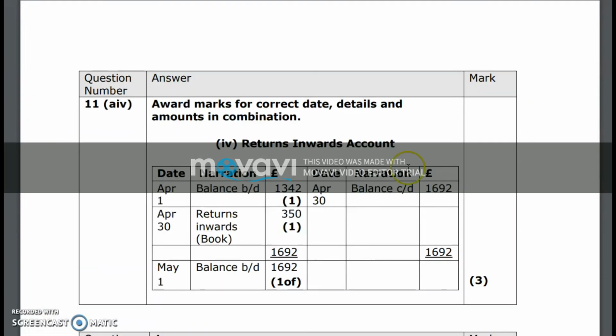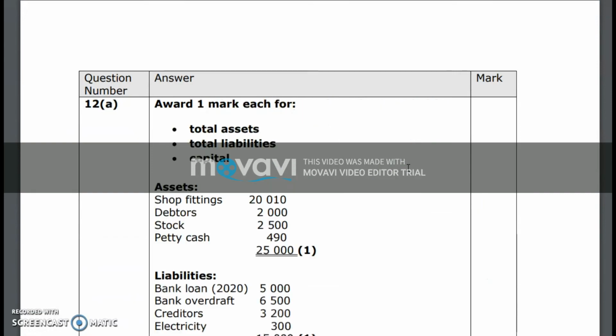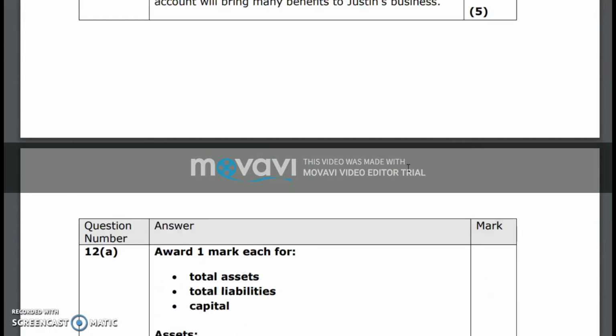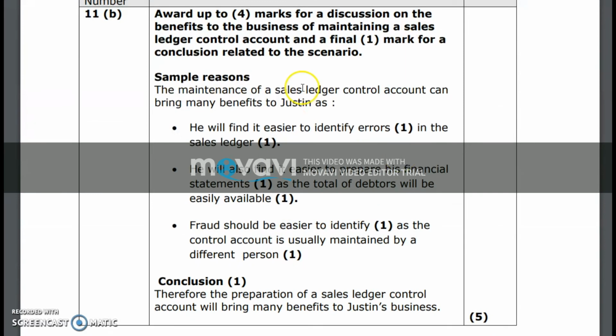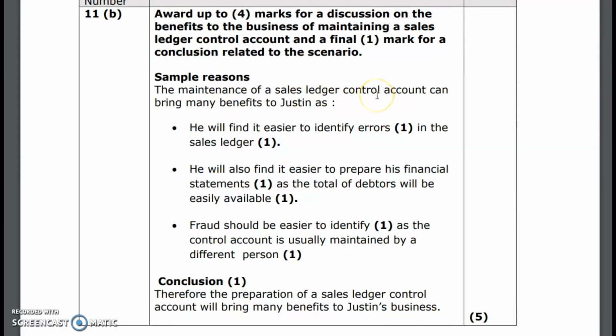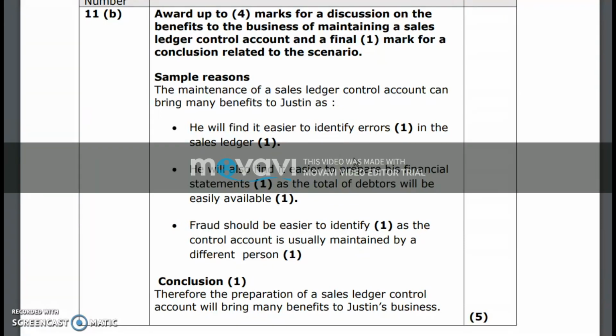So in this case, if you move on to the possible points, the maintenance of sales ledger control account will benefit Justin because it is easy for him to identify errors in the sales ledger, and he can prevent fraud because sales ledger control account is actually a control tool or a control device which is used to track errors.